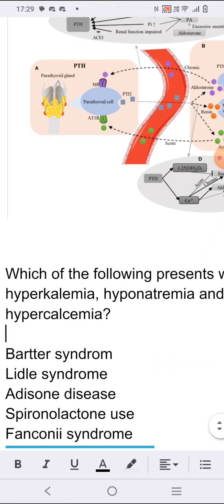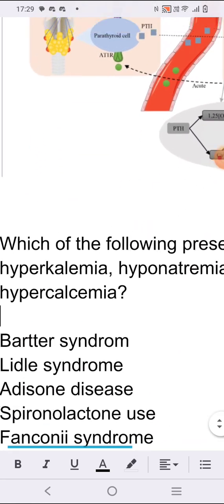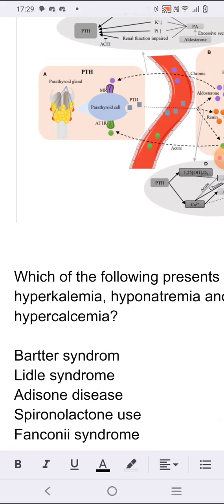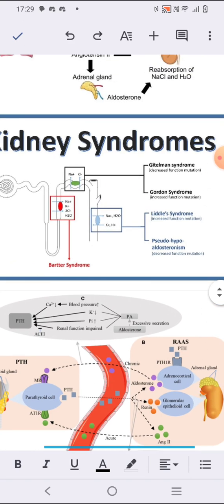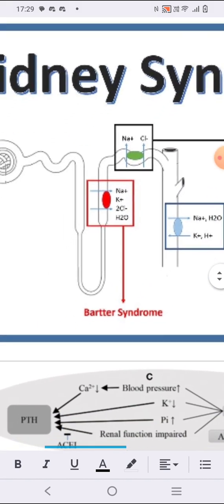So let's look at the answer choices. Bartter syndrome. Bartter syndrome acts like furosemide, right? It's an inactivating mutation of the sodium potassium chloride symporter on the thick ascending limb of Henle. So by inhibiting that, you lose sodium and water, so it acts like a diuretic, right?